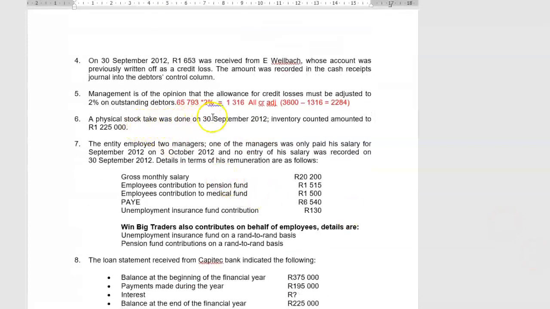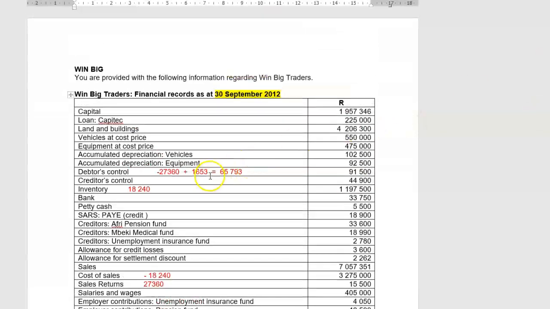A physical stock take was done on 30 September 2012. Inventory counted amounted to 1,225,000. Now, if we look at our inventory account, we also see that we have already made an adjustment. We have debited our inventory with 18,240.